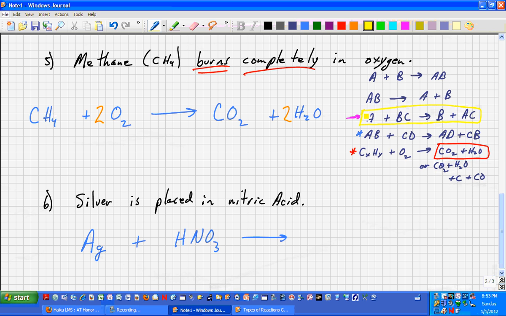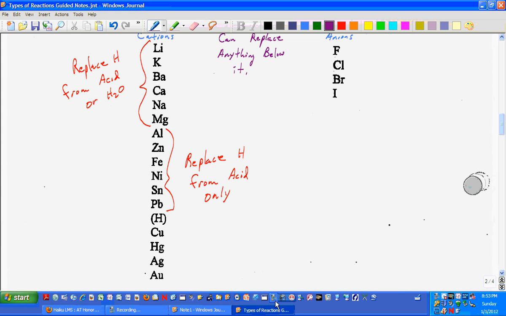What we need to do is go back to that activity series. I've got silver down here, and it's going to try to replace hydrogen out of nitric acid. Silver can only replace what is below it, not going to replace hydrogen.